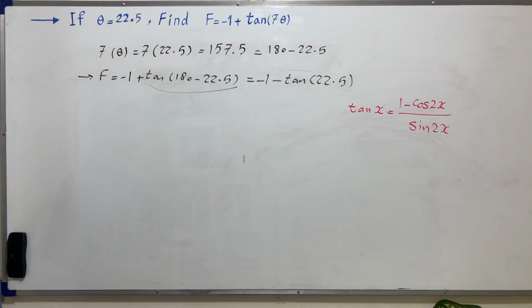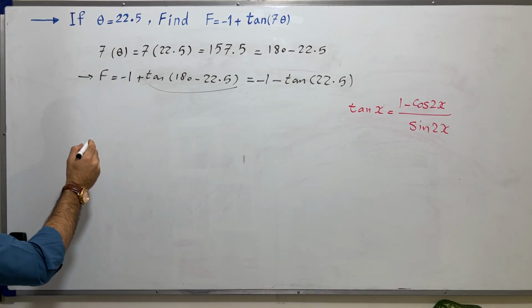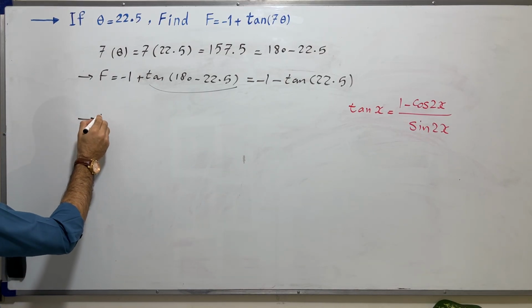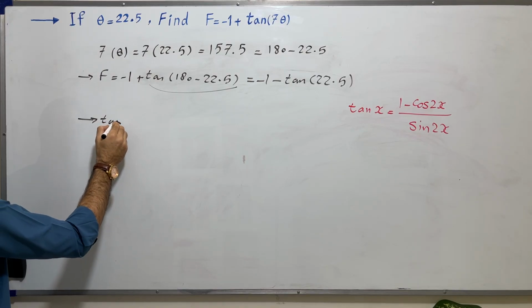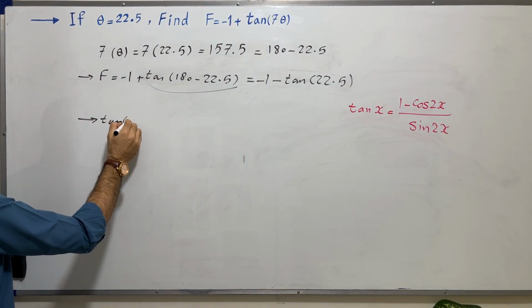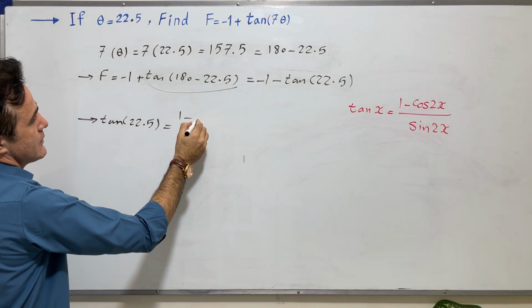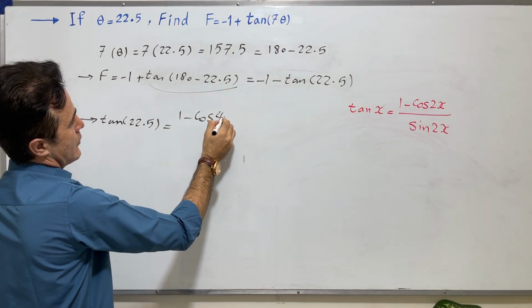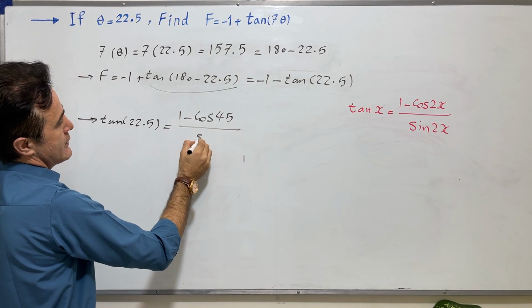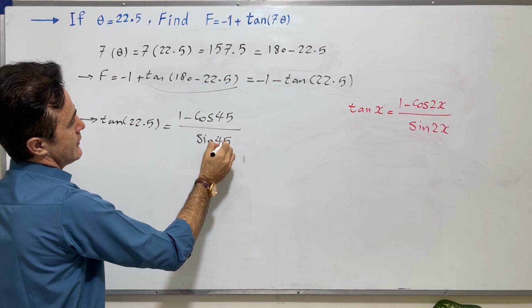By this relation, we can write tangent 22.5 equals 1 minus cosine 45 over sine 45.